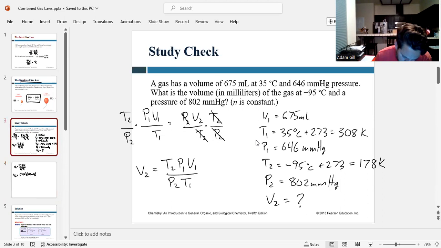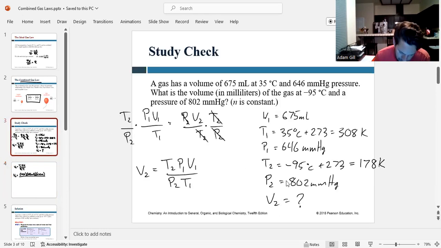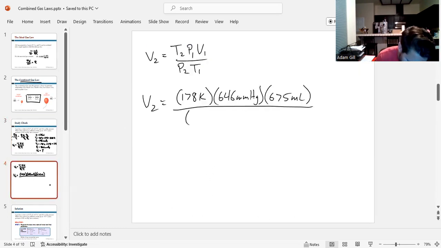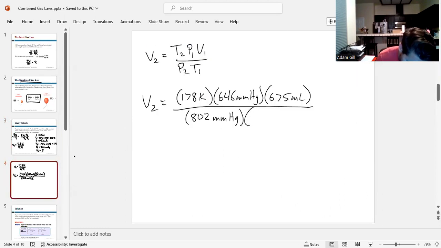The initial volume was 675 milliliters. The final pressure was 802 millimeters of mercury. And the initial temperature was 308 Kelvin. And if we're keeping track of units, Kelvin cancels Kelvin, millimeters of mercury cancels millimeters of mercury, and we're left with just milliliters.